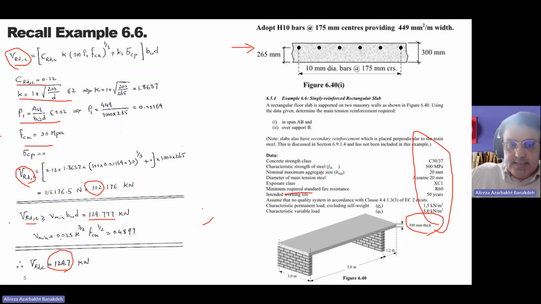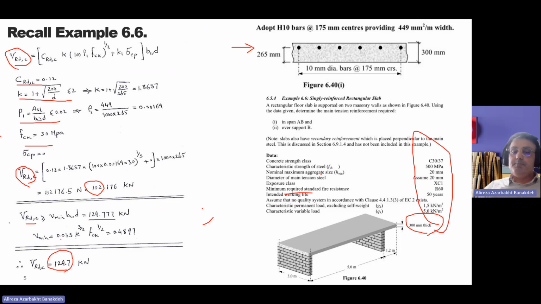That's the point. And if the resultant analysis gives you more than 129 kilonewton in 1 meter of your slab, it means that you have to design your slab for the shear forces, although you're neglecting this amount of shear capacity from the concrete.